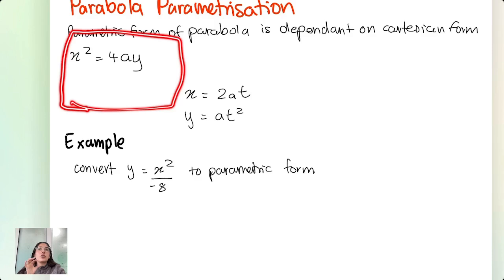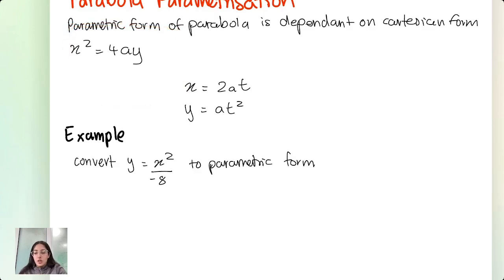So we're going to try and isolate the x squared. So I'm going to end up with x squared is equal to negative 8y. And then I want to do it even further by making it into a 4ay. So x squared is equal to 4 times negative 2y. So everyone agrees my a is negative 2? And so now all I have to do is literally plug this into this.